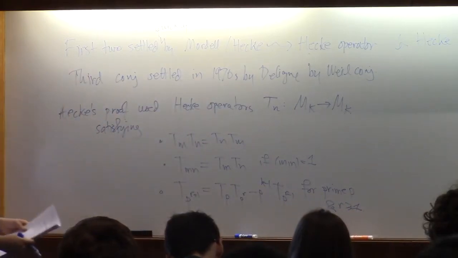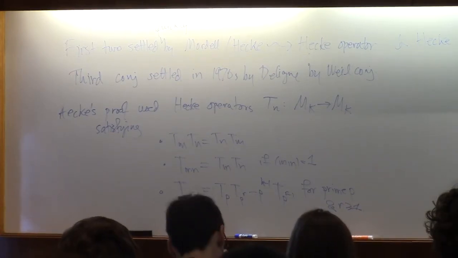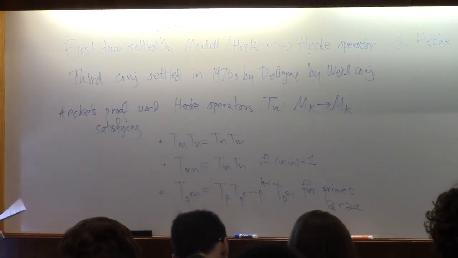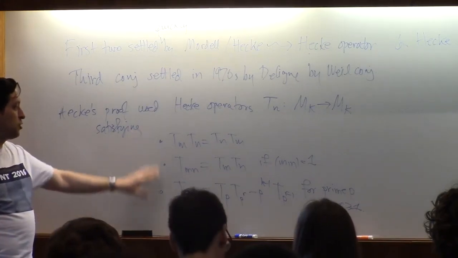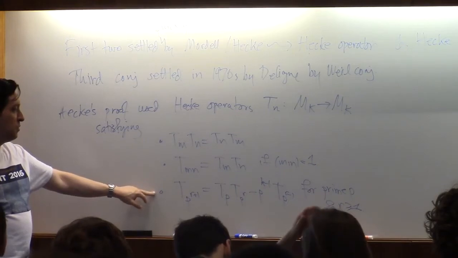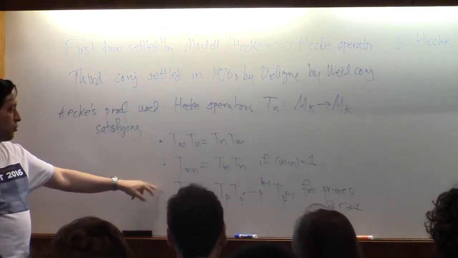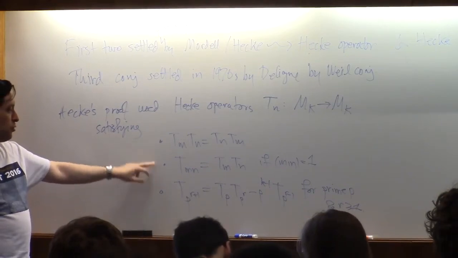You can see that these operators satisfy recursive formulas, much like what Ramanujan was trying to prove for the coefficients of delta. And they also satisfy other properties, but I don't want to get into them. So I'm going to focus, if you believe such operators existed, this equation says the operator Tp determines the operator Tp squared, Tp cubed, and so on. And this one says if you know T prime powers, you know them all.